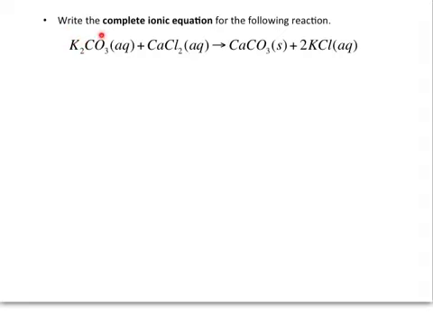So when I write this in its dissociated form, I have 2 potassium ions and I have 1 carbonate ion. All right, our next reactant is calcium chloride.